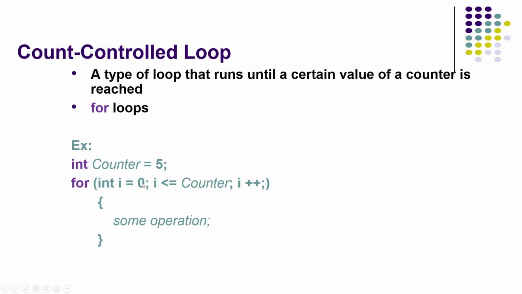So if you say, for example, for integer i equals 0, for i greater than 5, right? Something like that.